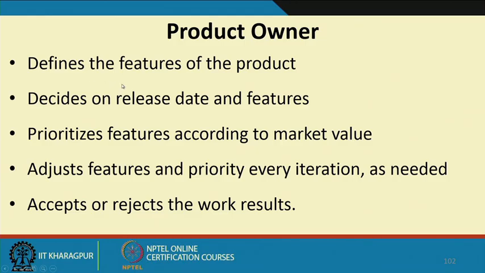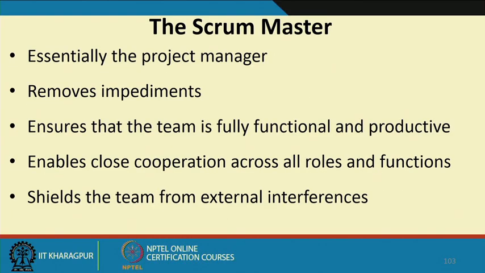New features may crop up, and some of the features which are identified may get deleted or modified. He decides on the release date of the features, prioritizes the features according to the market value or the value to the customer, adjusts the feature priority on every iteration if needed, and finally, at the end of a sprint, accepts or rejects the work results.